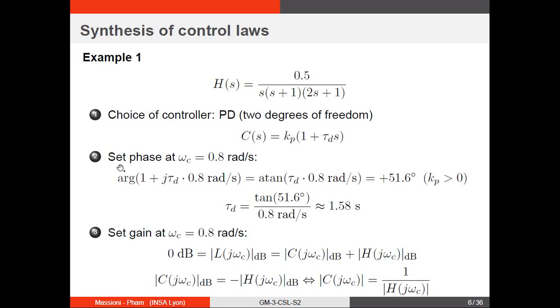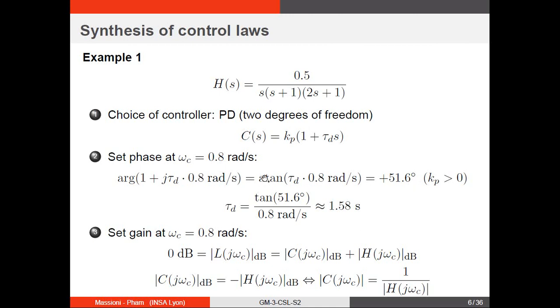And the phase of this extra term is the phase of the scalar kp, 0, plus the phase of this one. So real part, imaginary part, imagine replacing s with j omega c, arctangent of tau d times omega c. And this must be equal to this one. So this can be solved.